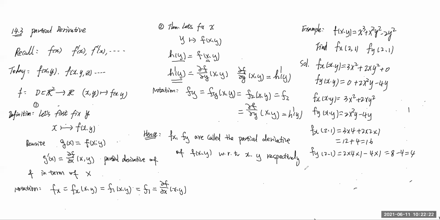So the answer is f_x(2,1) is 16, and f_y(2,1) is 4.